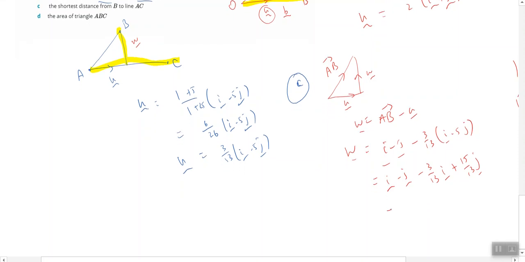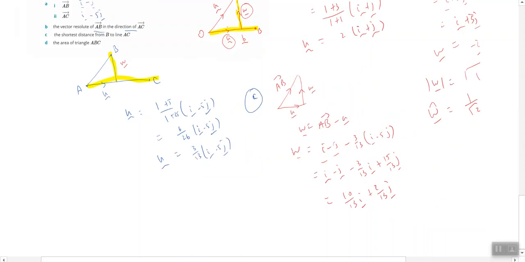So 1I minus 3 on 13I, so 13 on 13 minus 3 on 13 is 10 on 13I, and minus 13 on 13J plus 15 on 13J, so that must be 2 on 13J.